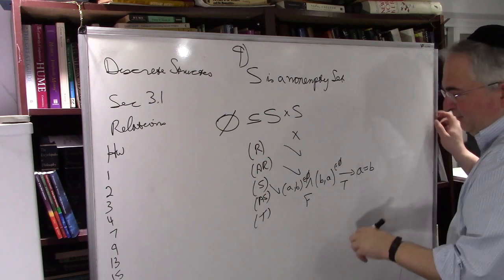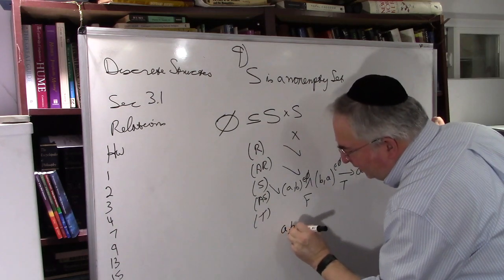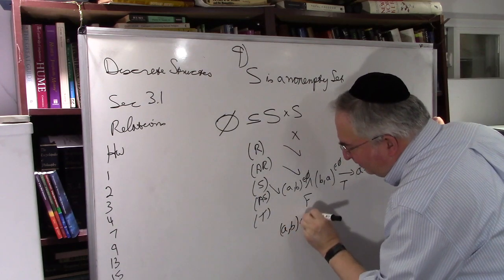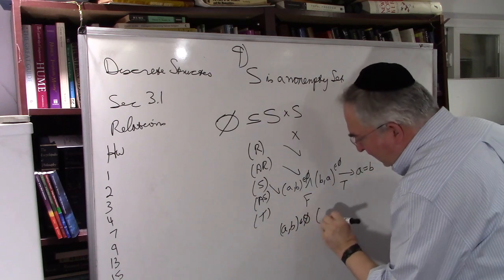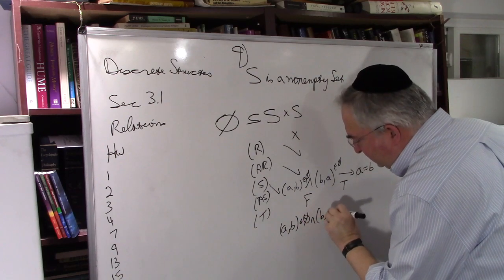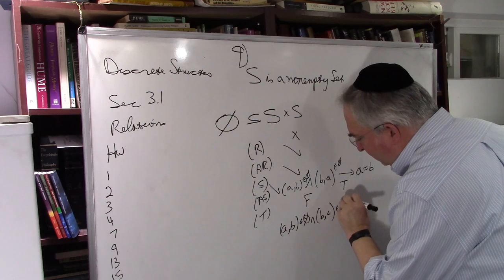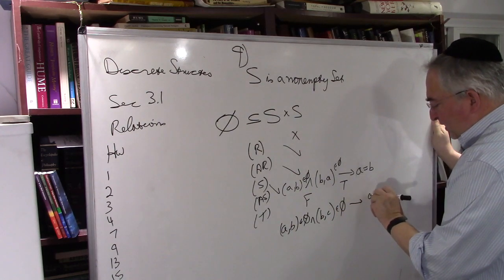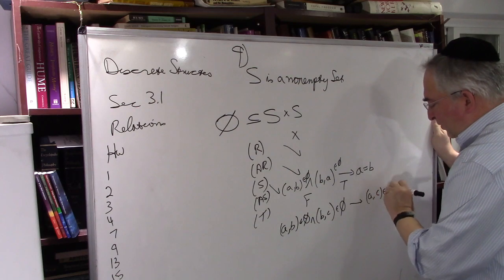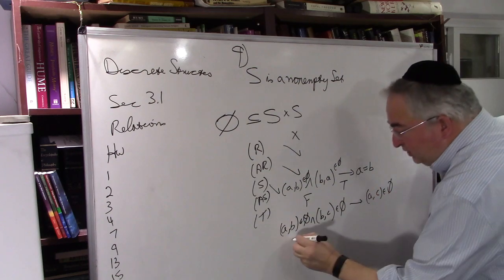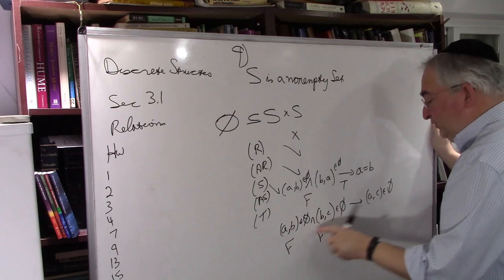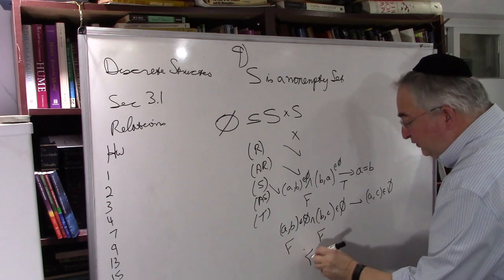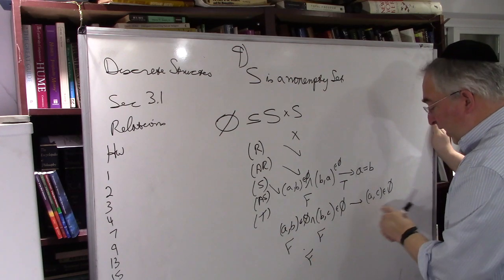Same thing for here. If a comma b is a member of empty, it's not. And b comma c is a member of empty. It's not. Does that imply a comma c is a member of empty? Well, this is false, this is false, false and false is false, false arrow anything.